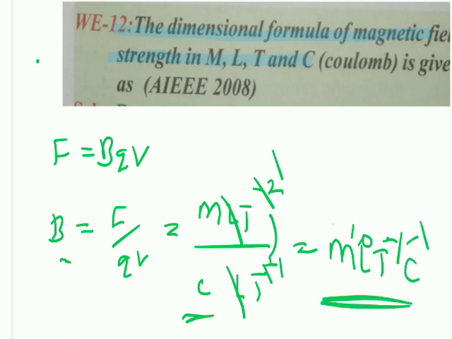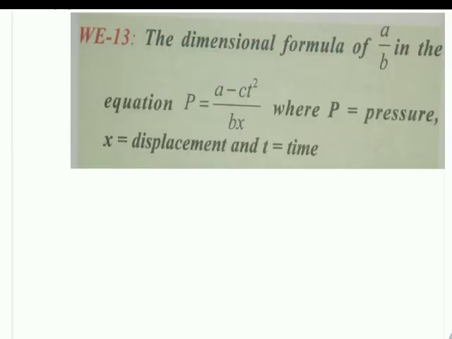This is the dimensional formula of magnetic field. M power 1, L power 0, T power minus 1, C power minus 1. This is the answer.